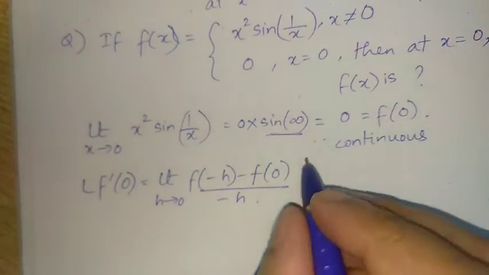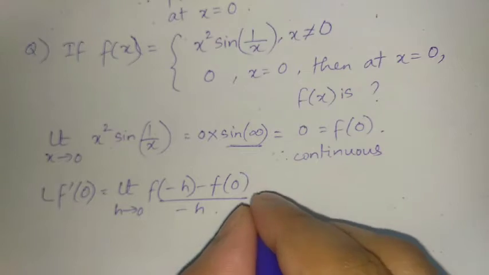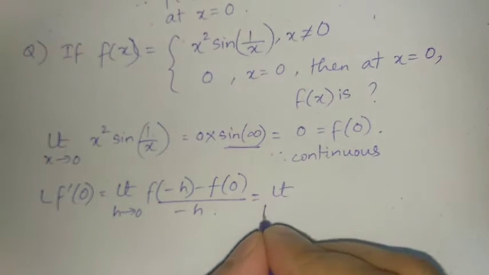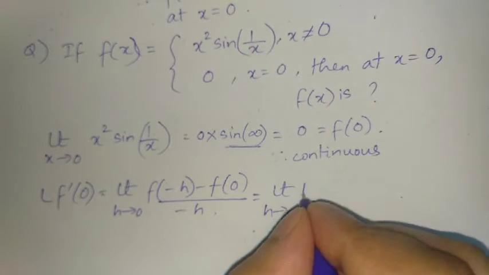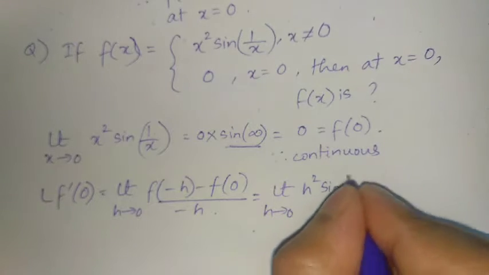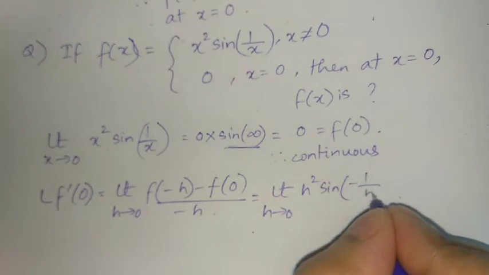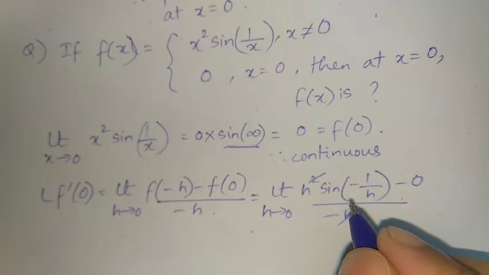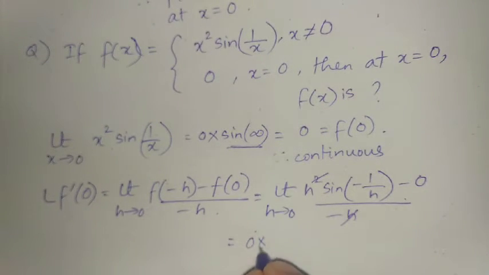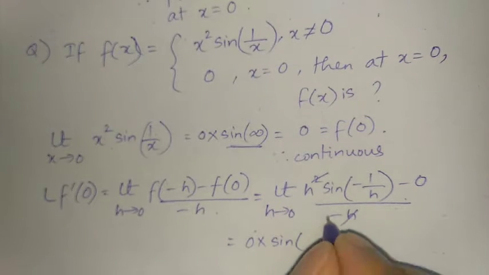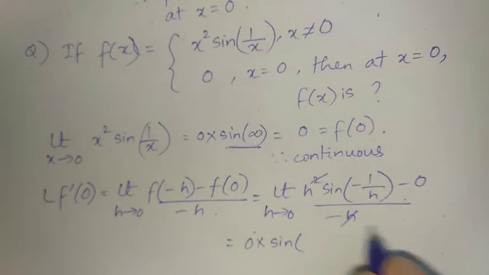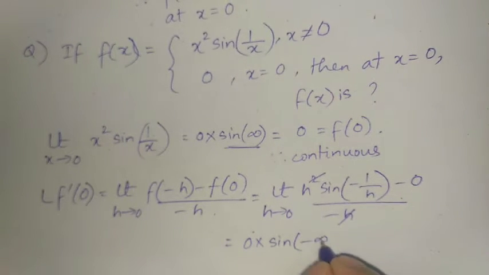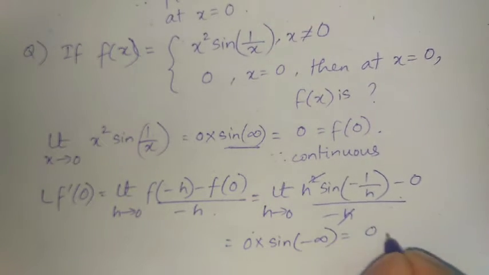So this is equal to limit h tends to 0 h square sine of minus 1 by h minus 0 by minus h. So you get 0 into sine of minus infinity, which is equal to 0.